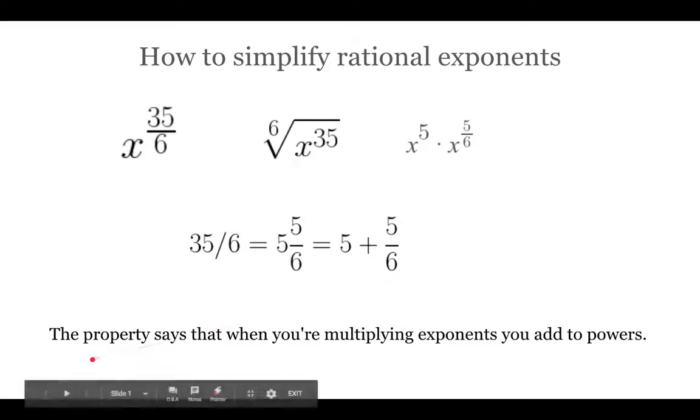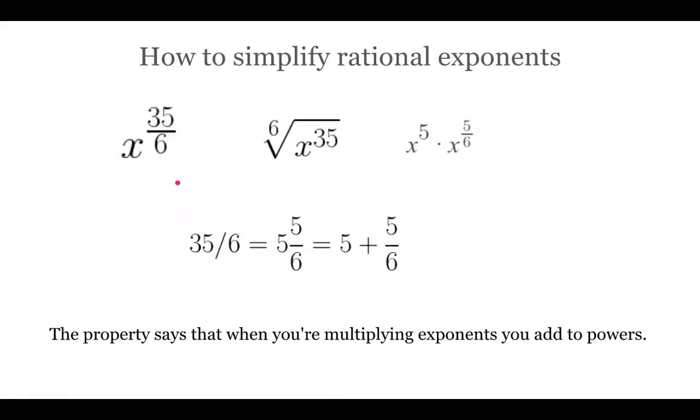So we have a property that says when you're multiplying exponents, you add the powers. So many students will leave their answer like this, as x to the 35 over 6, and some students will try to rewrite it in radical form, but still that is not simplified.